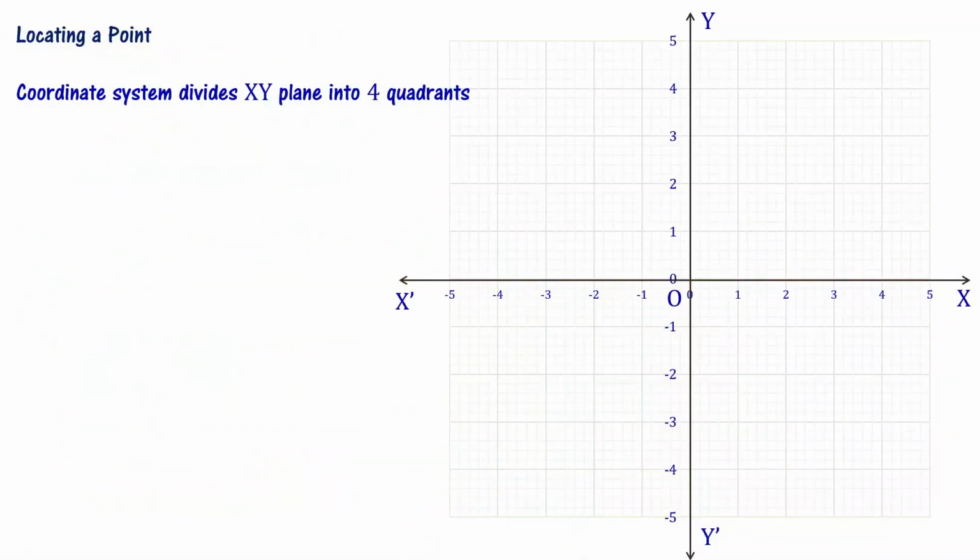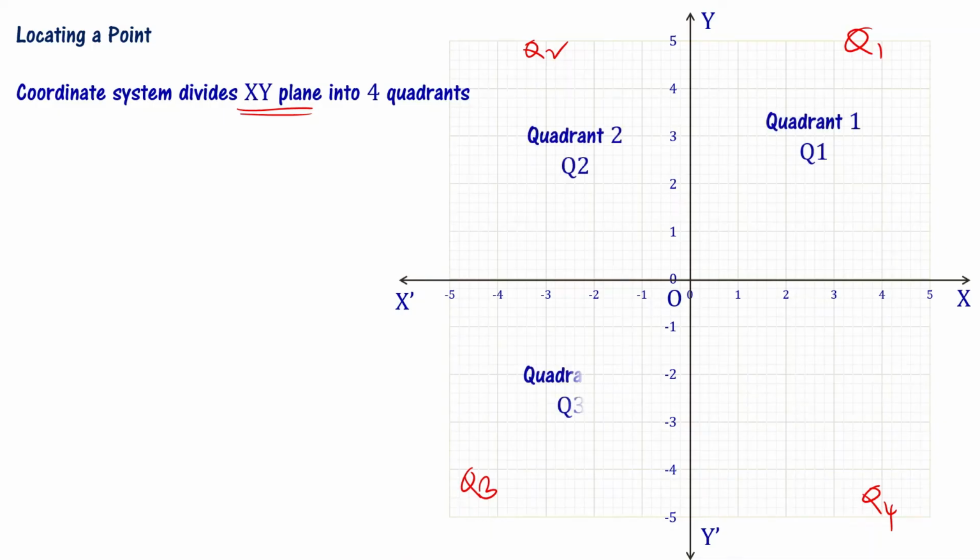Now we have seen that the coordinate system divides the xy plane into 4 parts, and those are the 4 quadrants, right? This is Q1, this is Q2, this is Q3, and this is Q4, right? Now if I take a point here, the x coordinate value is 3 and the y coordinate value is 2, right? (3, 2).